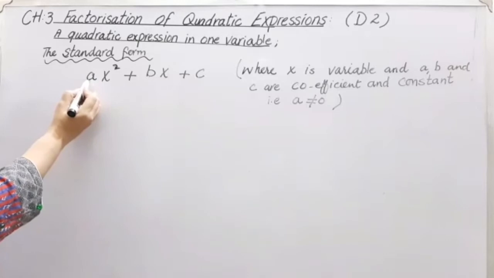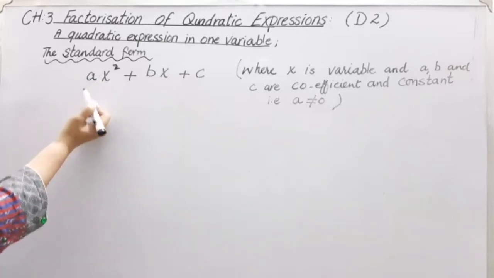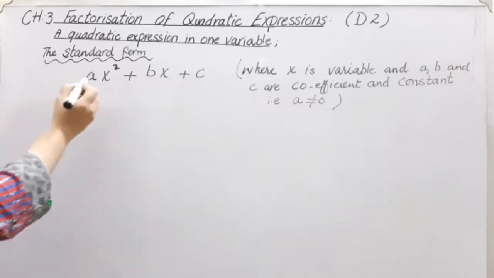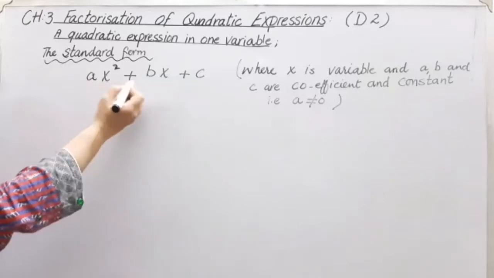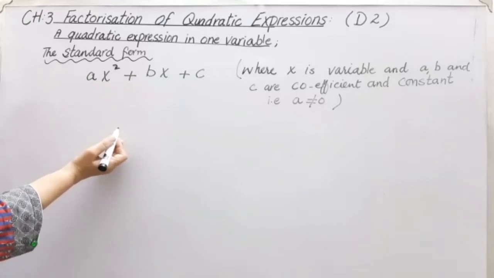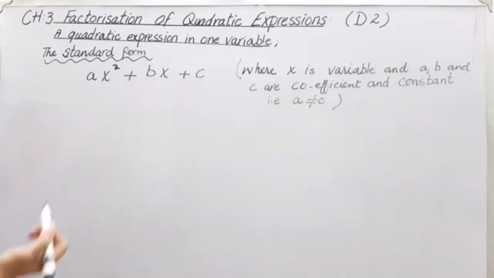Especially, a is not equal to 0 because we work with the x square, and if this is 0, the x square term vanishes, so this is not a standard form of a quadratic equation. So a is not equal to 0 is necessary.